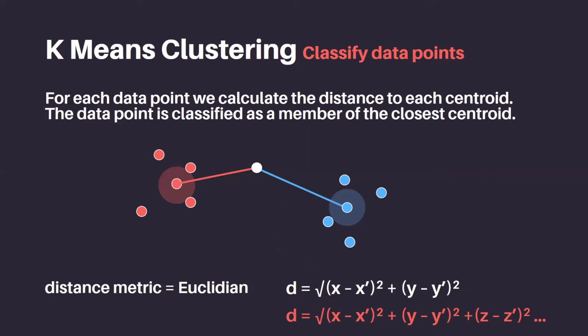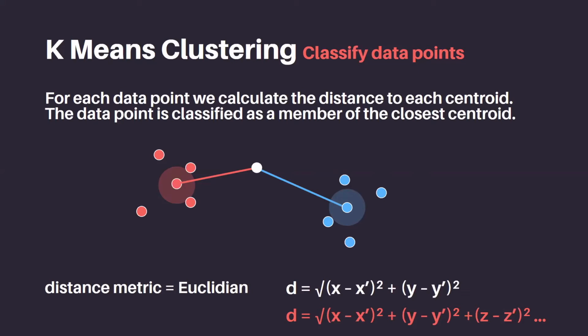To do that, we'll take the distance between that data point and each centroid. So in this case, we have two groups, k equals 2, and we say, okay, how close is it to the red group centroid? And how close is this data point to the blue group centroid? The data point we're talking about here is the point in clear white.